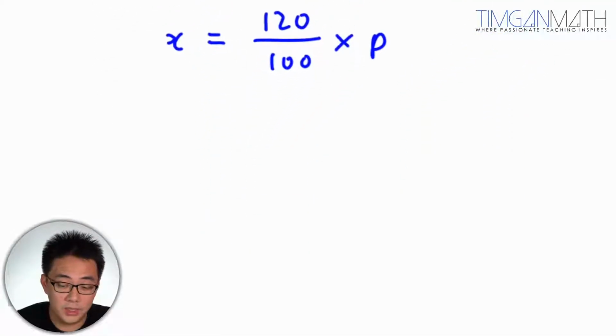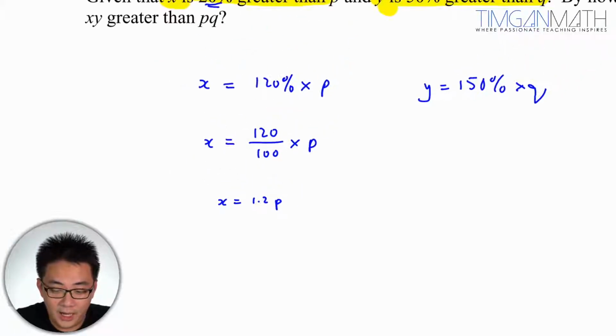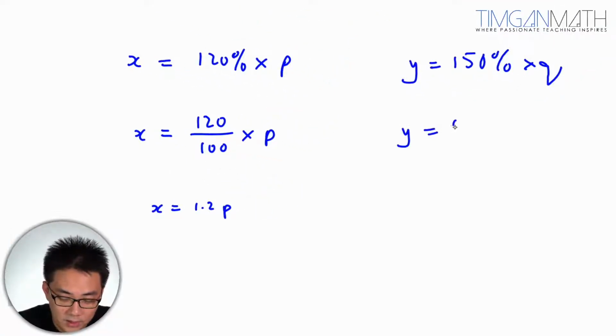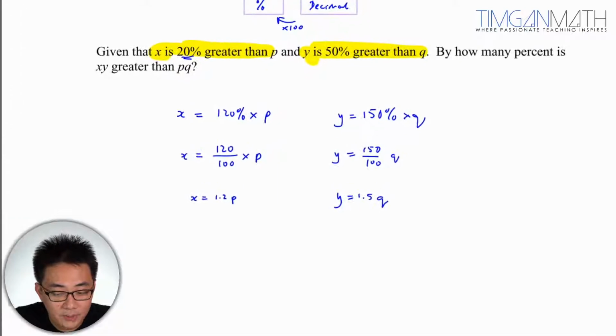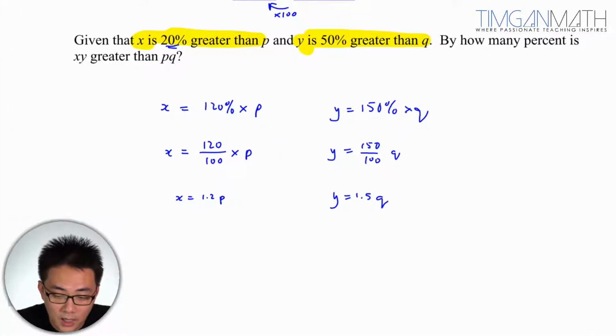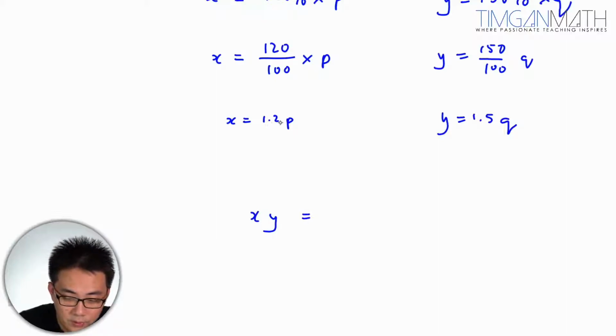So x will be equal to 1.2p, and similarly y will be equal to 1.5q. Now, by how many percent is xy greater than pq? Let's look at that. x multiplied by y would be 1.2p multiplied by 1.5q.